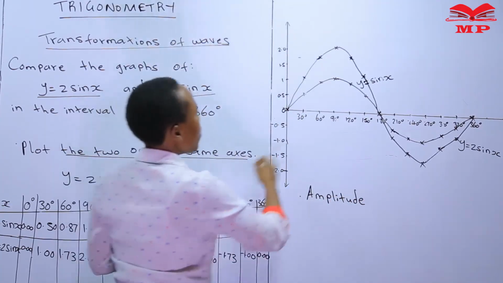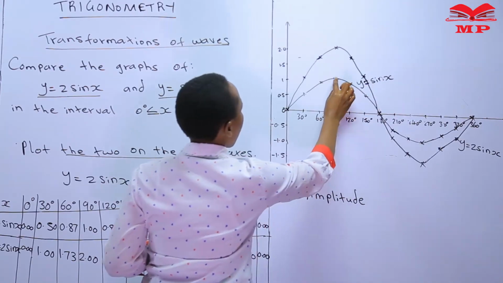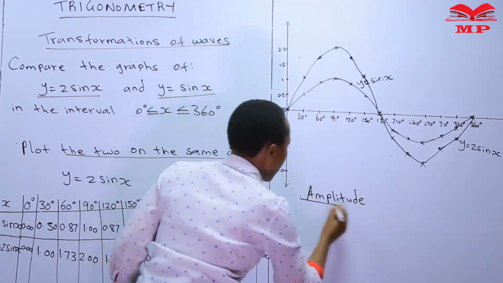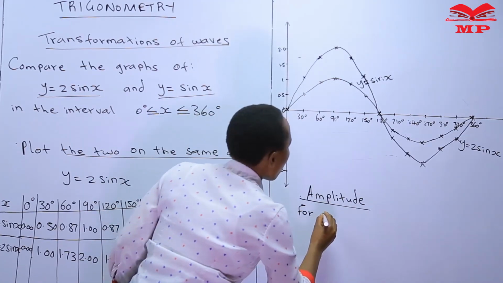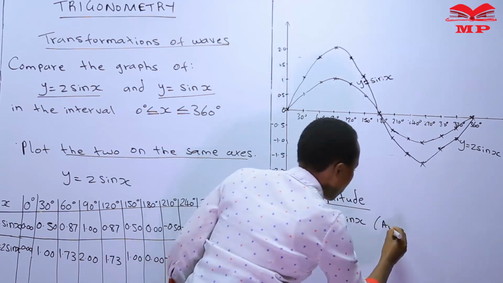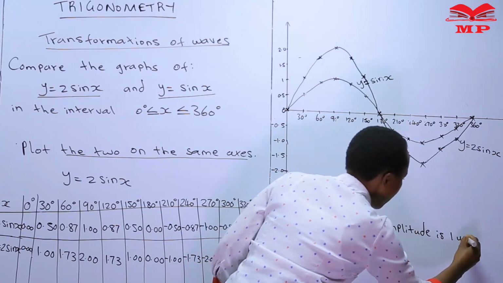For the wave y is equal to sine x, the amplitude is 1, the maximum displacement is 1. So for y is equal to sine x, the amplitude is 1 unit.